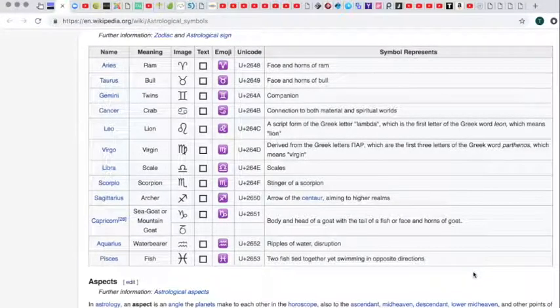And sometimes, because they're drawn slightly differently in different places, they can be a little bit difficult to recognize, especially some of the more complex ones like Capricorn. If you get down to Capricorn, which is almost down at the bottom, you can see there's two symbols. Now that's actually the same symbol. It's just stylized differently.